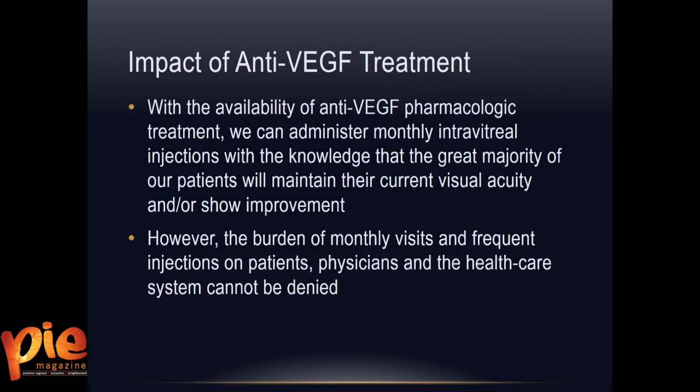With anti-VEGF being available for treatment, we can now administer monthly or even bi-monthly injections, knowing that a lot of our patients will either maintain or improve their visual function. However, the burden of monthly or even bi-monthly injections on patients, physicians, and healthcare cannot be ignored.